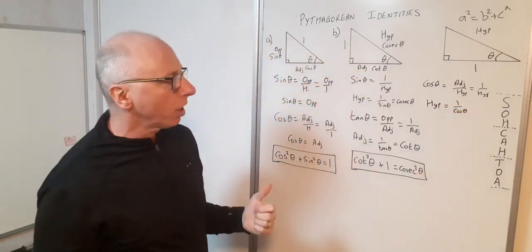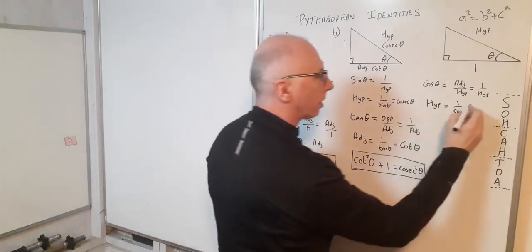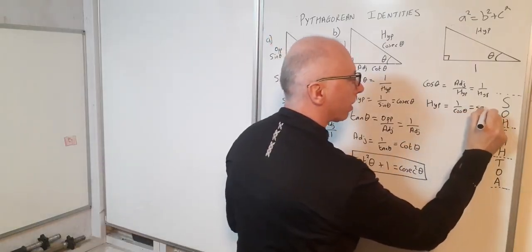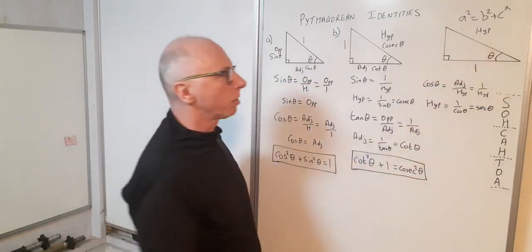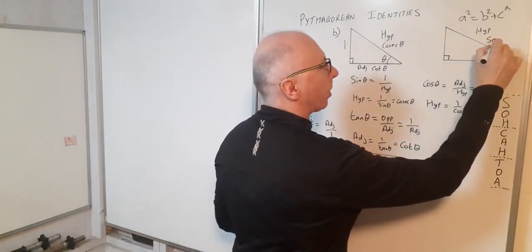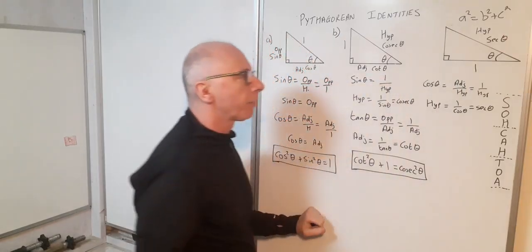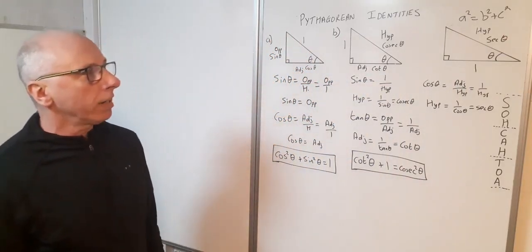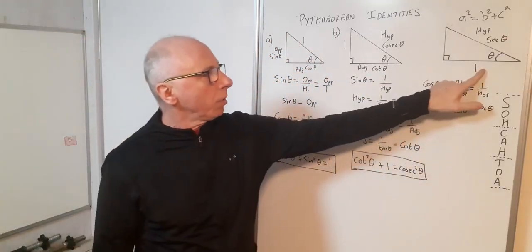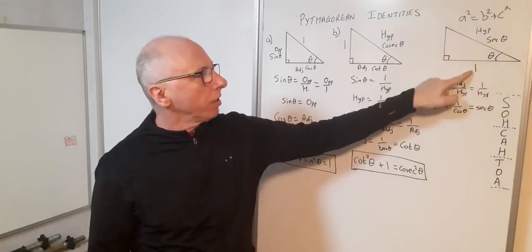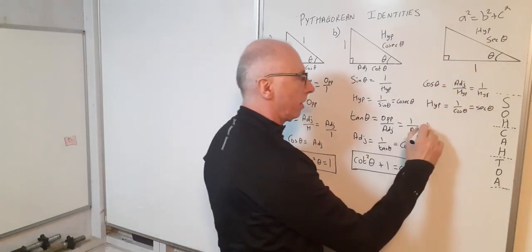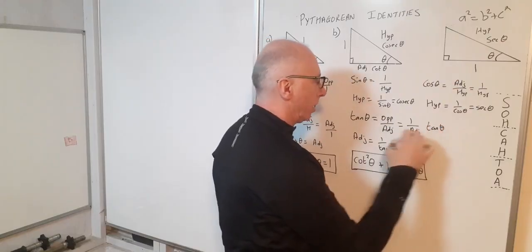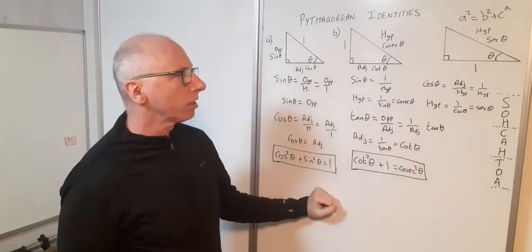Well, the reciprocal of cosine is secant. So that is secant theta, and that's my hypotenuse. So let's put that one in there. Right. Now, as I've got this one given to me, to get this one, opposite over adjacent, let's use tangent again. So tangent theta, as is here, opposite over adjacent.